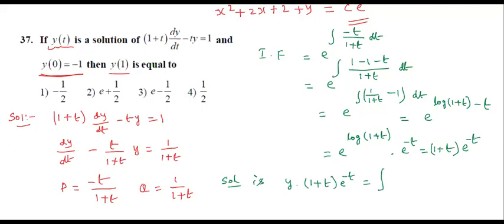What is q here? 1 by 1 plus t is the q, into integrating factor 1 plus t into e power minus t dt. Observe that 1 plus t is going to cancel. Then what is integration e power minus t dt? Minus e power minus t plus c.